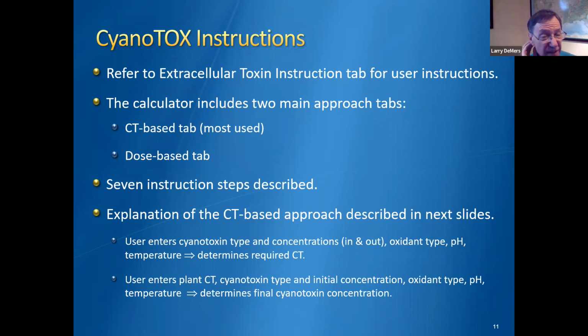It's really the only one I've ever used. And then there's more of a dose-based tab, which I have not really used that much. There are 7 instruction steps that I'll describe as we go through this. In terms of how to use that CT-based approach, which I'll describe in the next slides, keep these 2 points in mind.